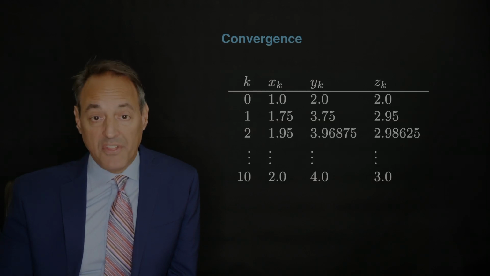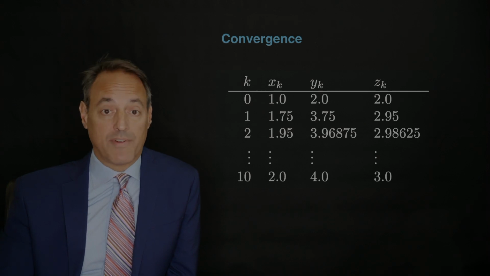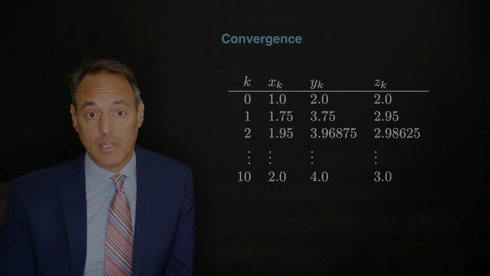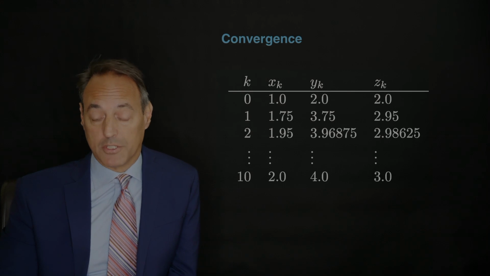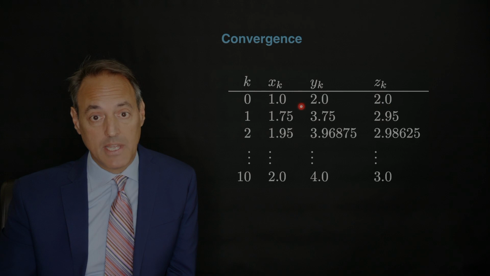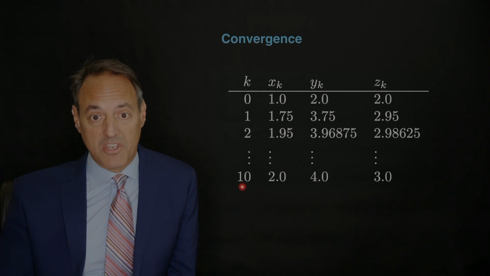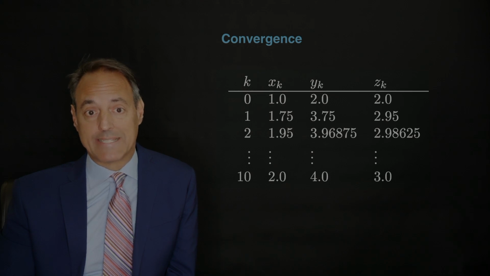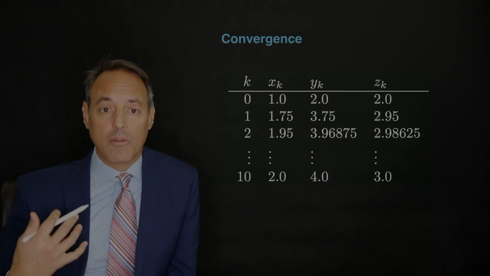And by the way, this converges twice as fast for this simple example as the Jacobi iterations. So again, we started here at 0 iterations. This is my guess. And remember, this took about 19 iterations to get down to these answers, and here it takes 10. And again, we're all about speed.